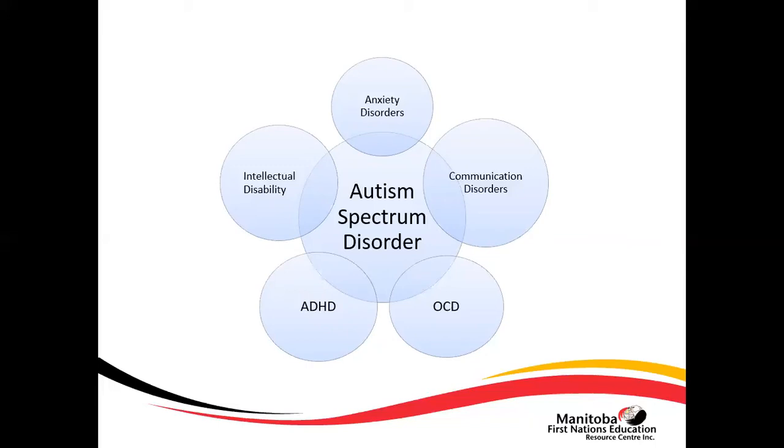Individuals with autism often experience extreme stress and anxiety, especially when there are changes to their routines. So a lot of the times they'll have those anxious behaviors. Individuals may be diagnosed with or without intellectual disabilities when they're diagnosed with autism.